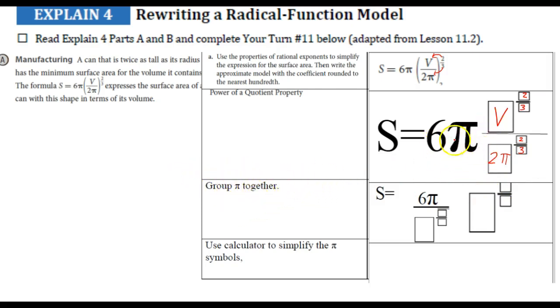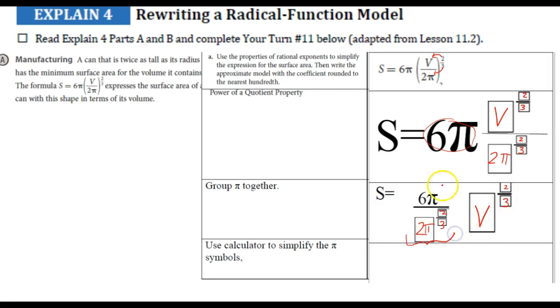So we notice here that we have a 6 pi and a 2 pi raised to another power, but it still has a pi itself. So I'm going to write that 2 pi to the 2/3 power with this other pi, 6 pi. I'm going to bring down my V to the 2/3 power.